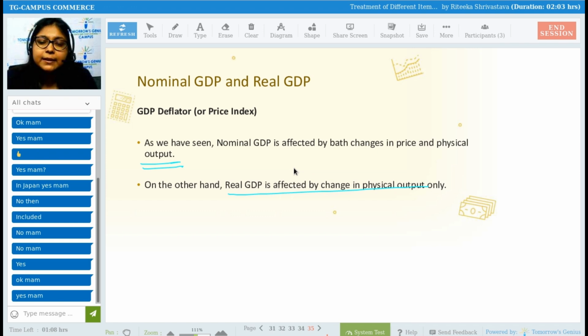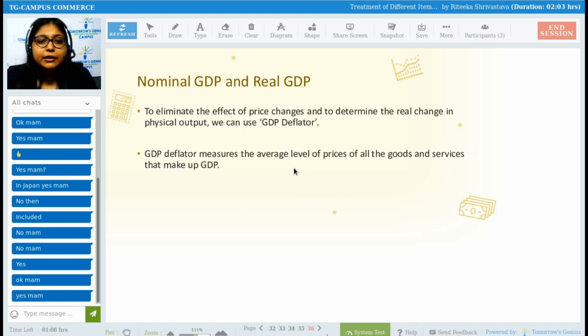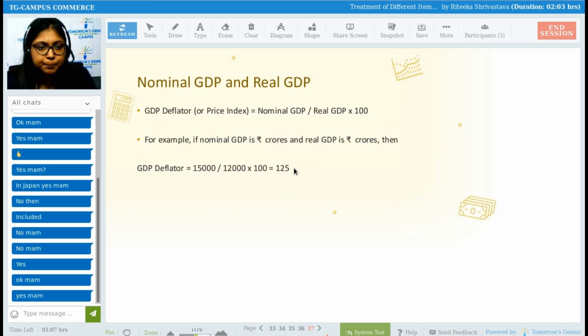When we talk about real GDP, that is nothing but your constant GDP. So that is affected by the change in the level of output. To eliminate the effect of price change and determine the real change in physical output, we can use GDP deflator. GDP deflator measures the average level of prices of all the goods and services that make up GDP.